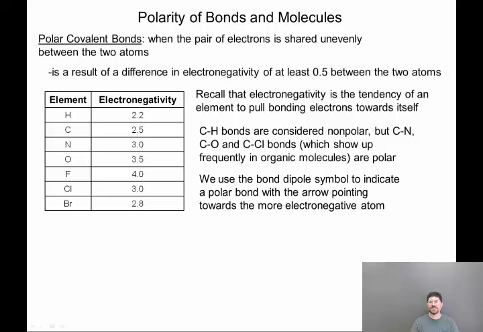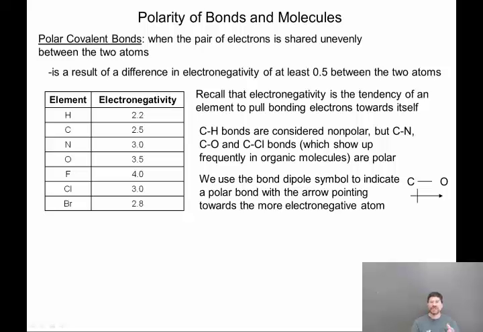So when we're trying to indicate this on a piece of paper, we're going to use the bond dipole symbol on the very far right of the slide here to indicate a polar bond. And the way the bond dipole system works is that the arrow points towards the more electronegative element in the bond.